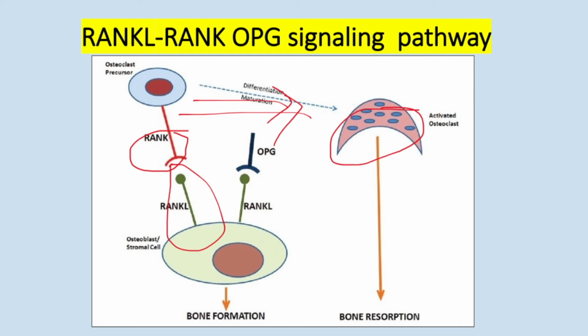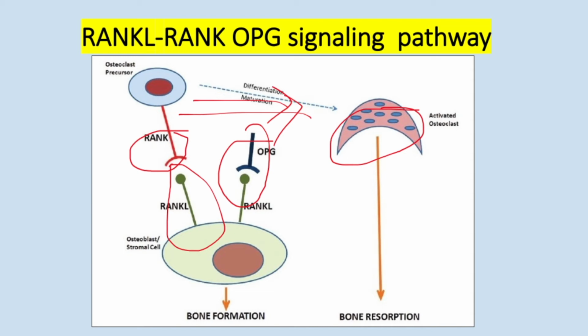RANKL is expressed by osteoblasts, whereas RANK is the receptor on the osteoclast precursor. RANKL stands for receptor activator of nuclear factor kappa B ligand. However, OPG, which stands for osteoprotegerin, binds with RANKL and inhibits RANKL activity. So OPG is protective against bone loss, as it slows down the activation of the osteoclast.